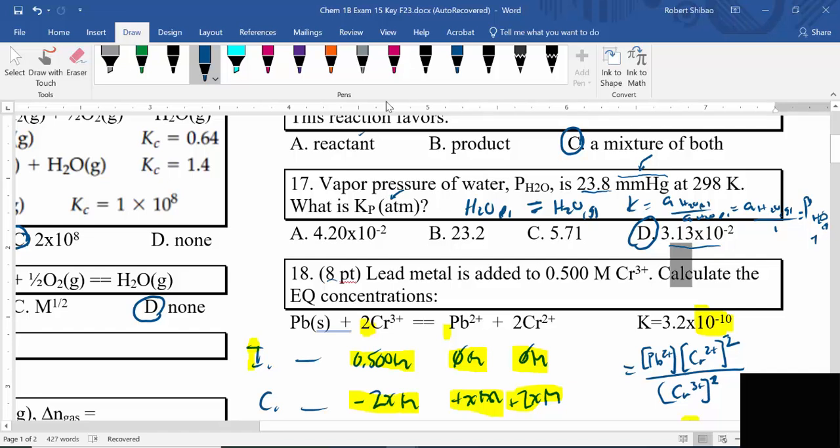How many millimeters of mercury are there in one atmosphere? 760. So if you had forgotten that conversion factor, I probably would have given it to you in the test. 760 millimeters of mercury per atmosphere. That gives us that.